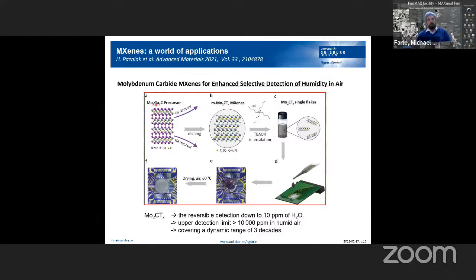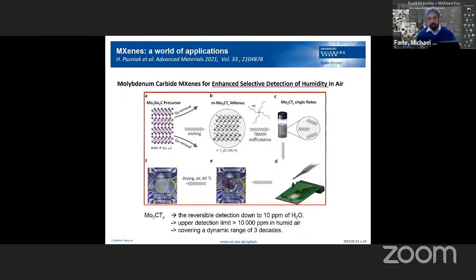So starting out with the molybdenum gallium carbon precursor, the MAX phase, by, let me call it a secret procedure, the gallium was removed. And then she had these MAXene flakes. She stabilized them with some, let me call it some chemistry.